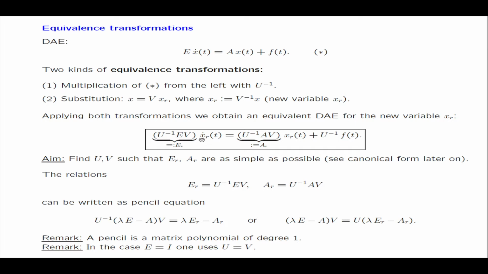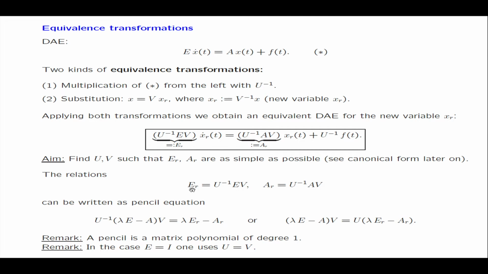So we get this equation for the new variable. The problem is then to find these matrices U and V such that the new system matrices become as simple as possible, which then makes solving this equation easy. We have two relations here.